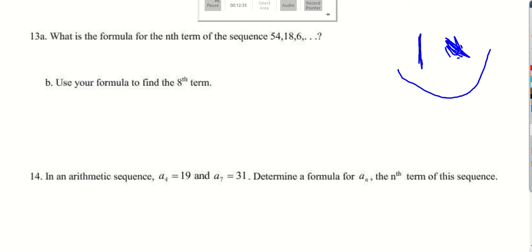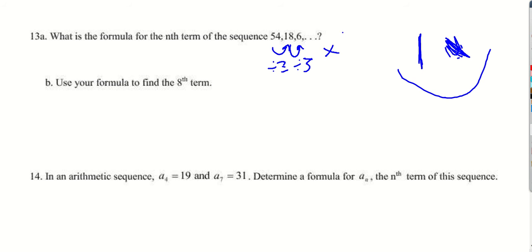Pausing. All right, so what is the formula for the nth term of the sequence? So the first thing we have to decide is, is this arithmetic? Is it geometric, right? And we can see as we go down, we're definitely not adding the same amount. We're actually dividing. So here we're dividing by 3. Or you can consider this actually multiplying by 1/3. So that is our R value: R is equal to 1/3.